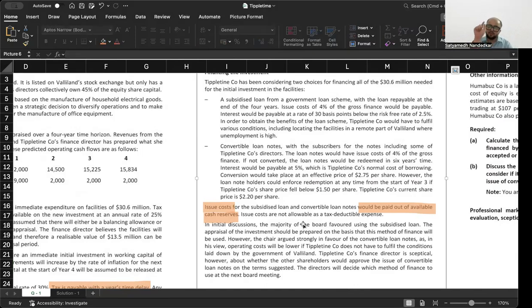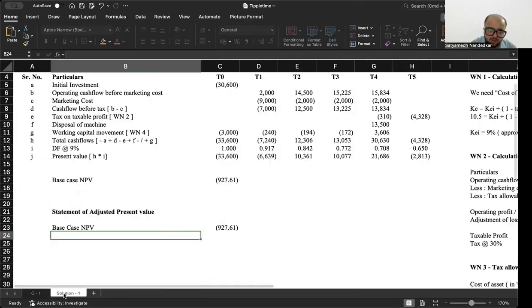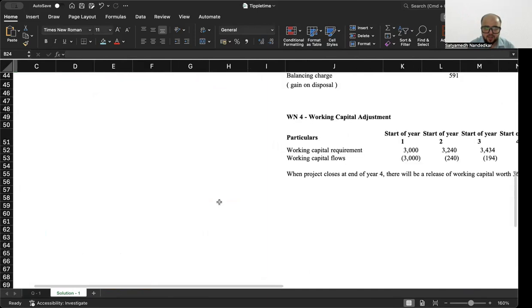What usually happens in questions is, if for example I need 100 rupees, then I have to do a back working. I have to gross up the amount and calculate the issue cost because issue cost is paid out of the proceeds of issue. Here, issue cost is paid out of available cash reserves.